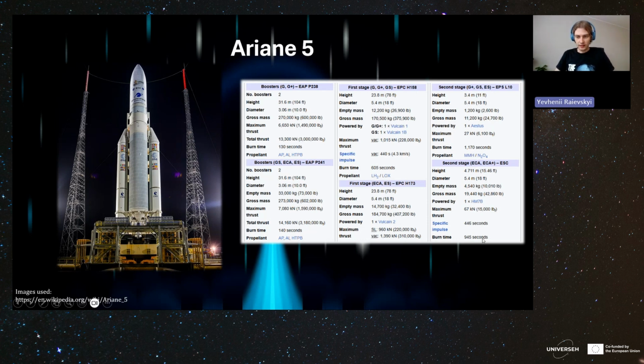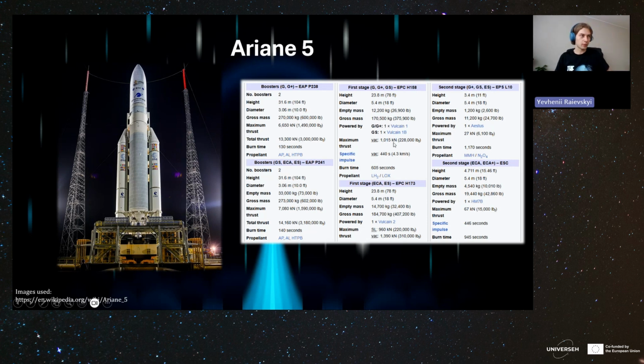And we can compare, for example, cryogenic pair with solid mixture, and we would see that for solid mixtures, thrust is 6.6 meganewtons, but for cryogenic, the thrust is approximately 1 meganewton.